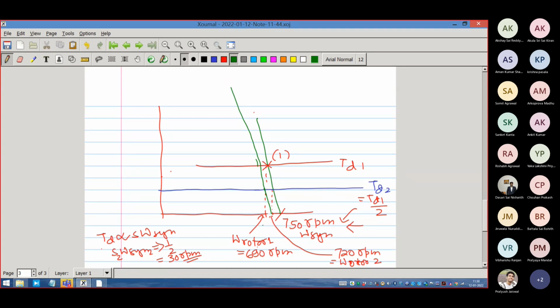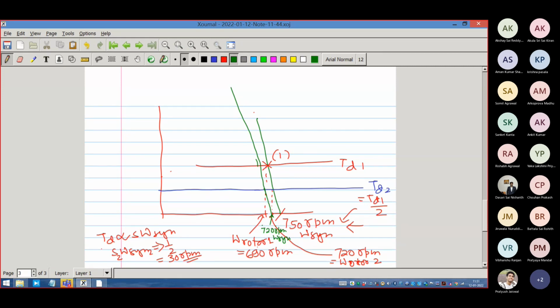Where this is 690 RPM, I need 30 RPM as the slip speed, S omega sync. So it has to be 690 plus 30, meaning we have to produce 720 RPM as the new synchronous speed, which may mean a slightly different slip.